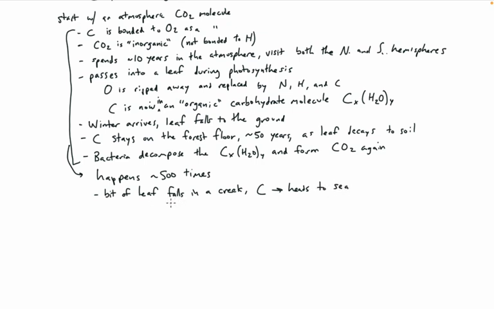So the carbon in the leaf is transported down the river, settles to the ocean bottom, and becomes a rock eventually.